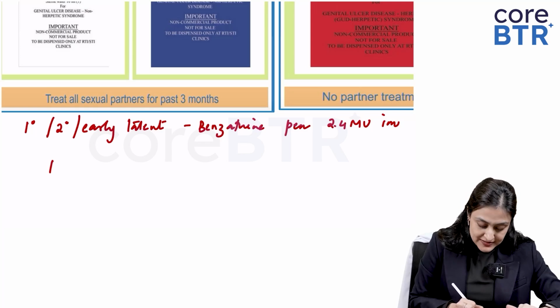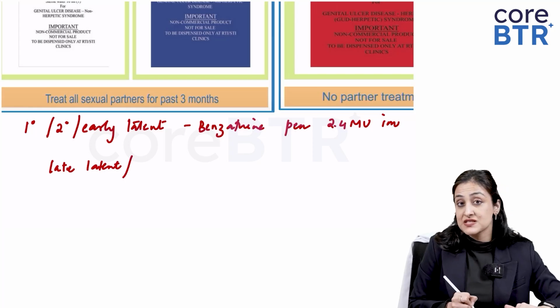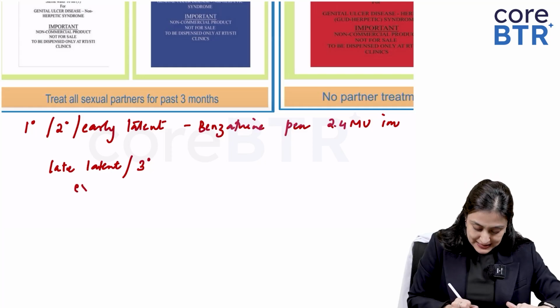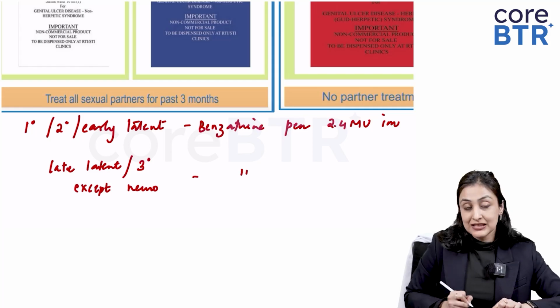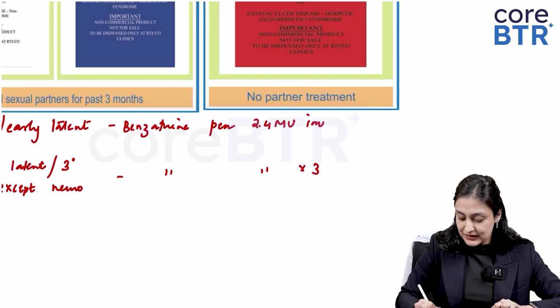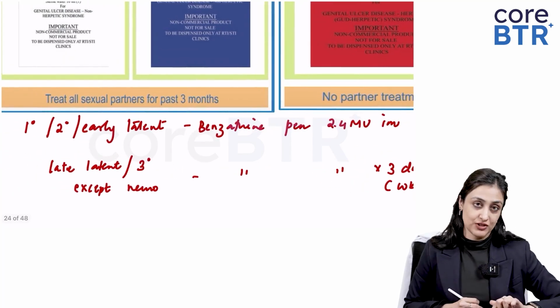But if it is either a late latent stage where there are no symptoms but serology is positive, or tertiary syphilis except neurosyphilis, I am going to give the same benzathine penicillin 2.4 million units, but now I have to give 3 doses, 1 weekly. So every week for 3 weeks we will give 1 injection.